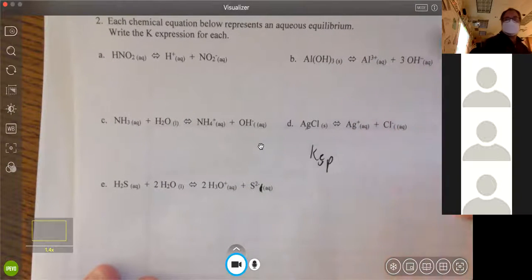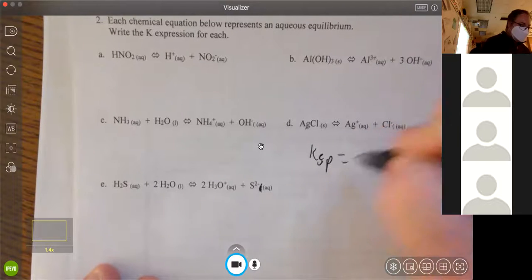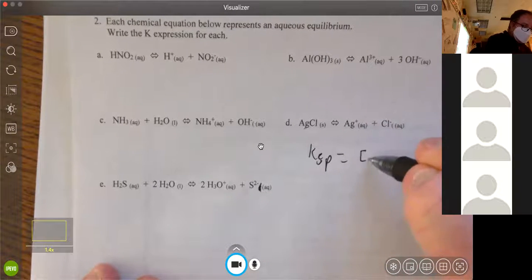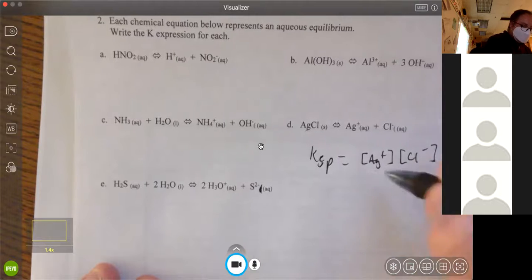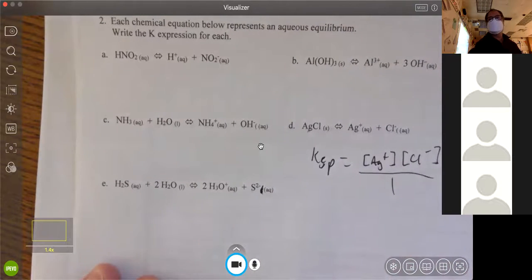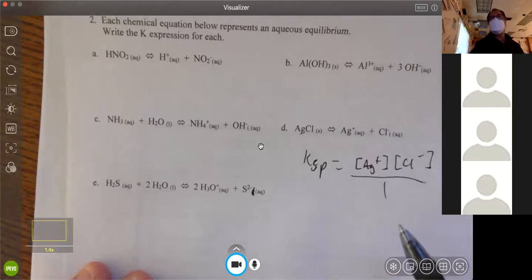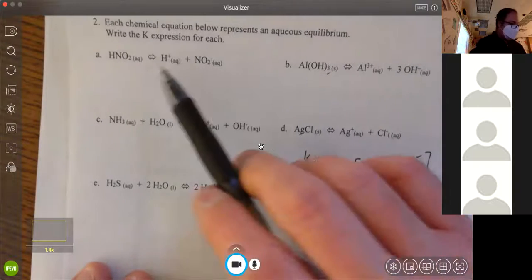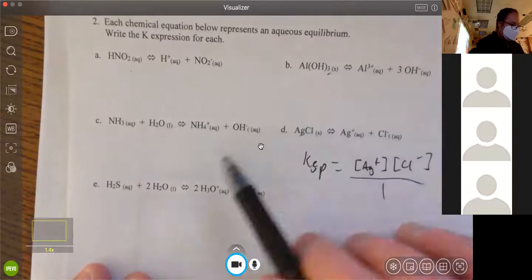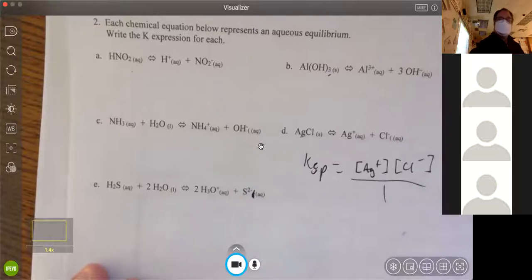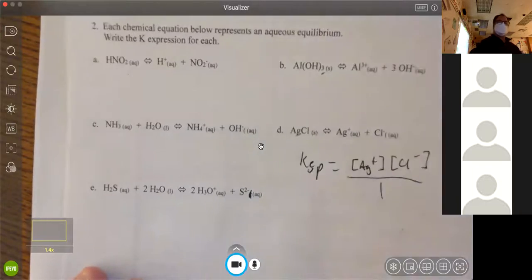We might call this solubility product constant, KSP, equals Ag plus Cl minus over 1. If you didn't write the over 1, that's not a big deal. You don't have to. But do keep in mind that some of these have that solids, liquid stuff, and some don't.